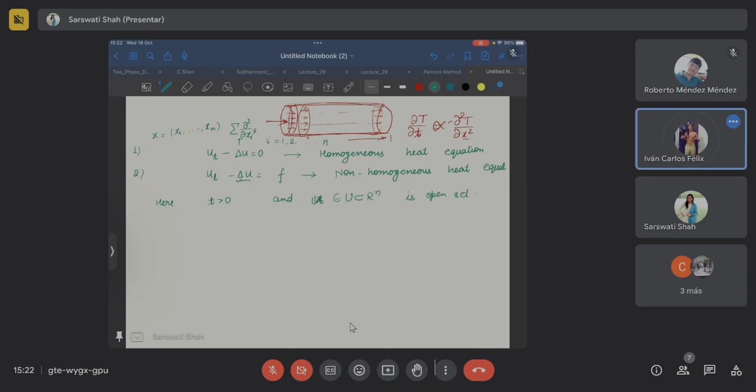And x is a space variable such that it is n dimensional, belonging to U. The unknown is u, a function of x comma t.